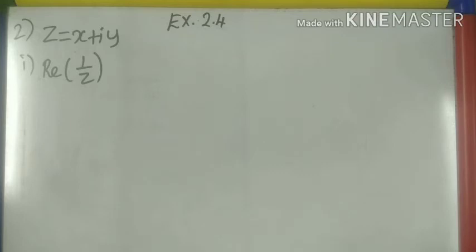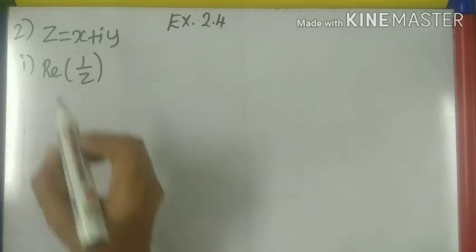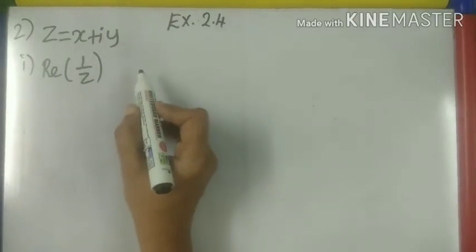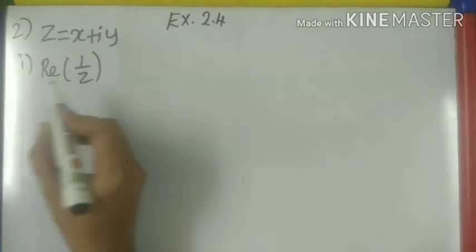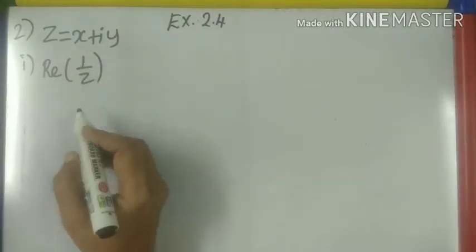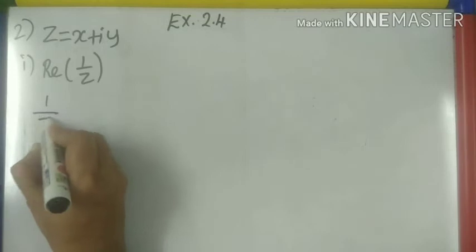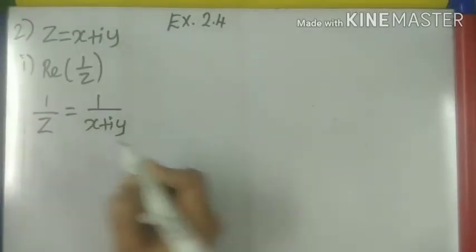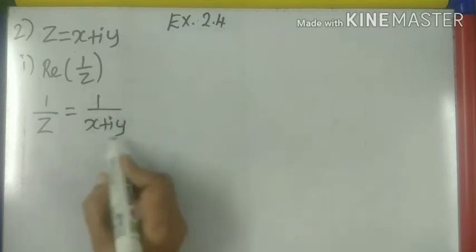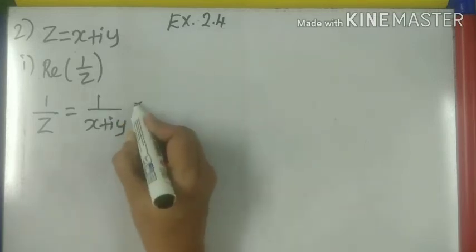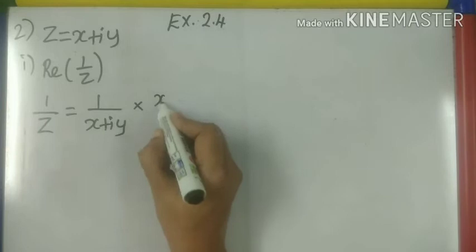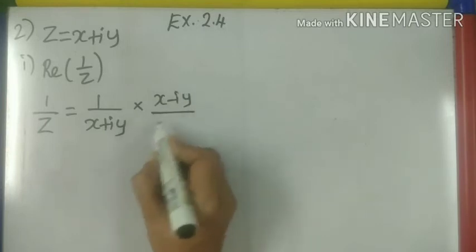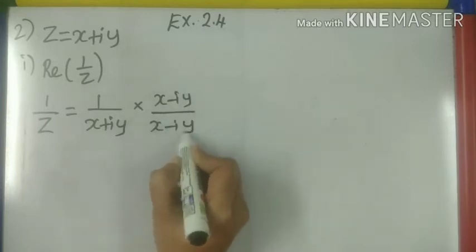Question number 2. Given Z equals X plus iY, we need to find real part of 1 by Z. What is 1 by Z? It is 1 by X plus iY. And whenever we have complex in the denominator, multiply by the conjugate in the numerator as well as denominator.